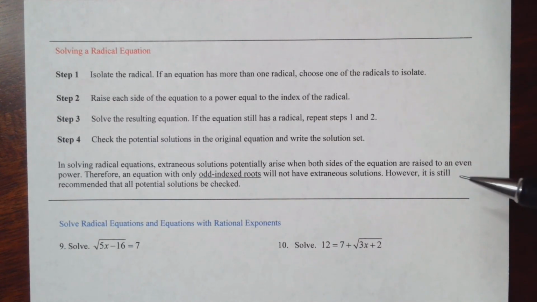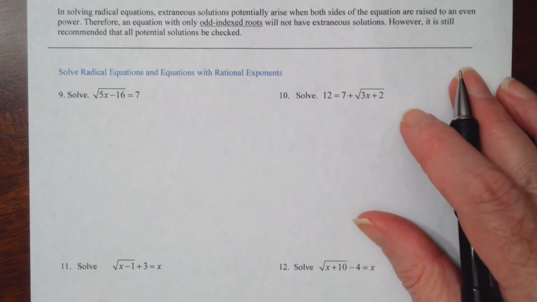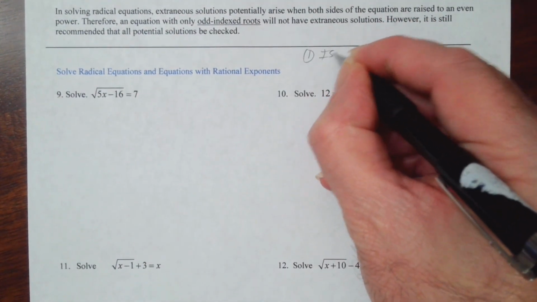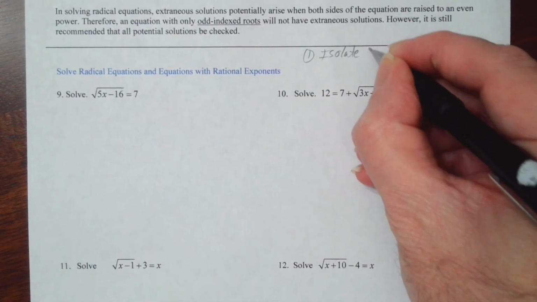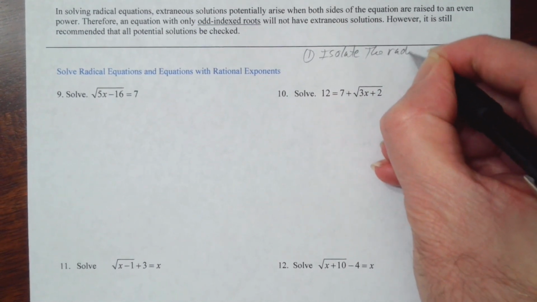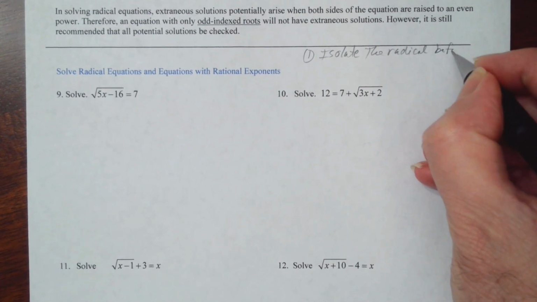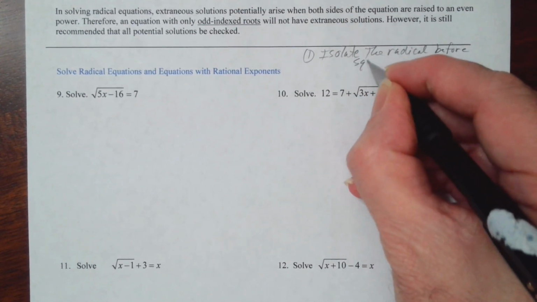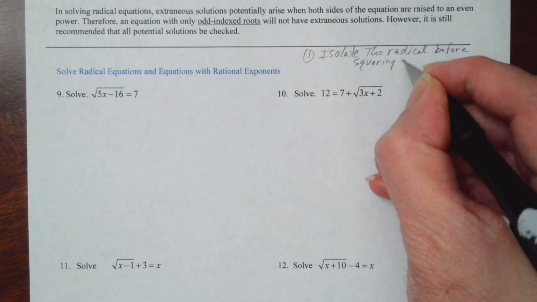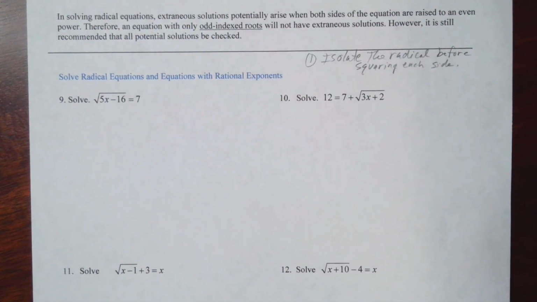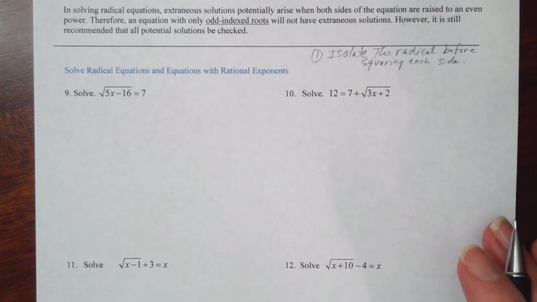So, main thing to remember when you're solving radical equations, number one, you always want to isolate the radical before squaring each side. Now I say that seeing that all of these are square roots, so we will square both sides.